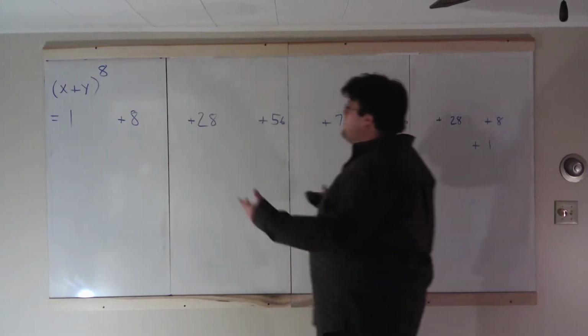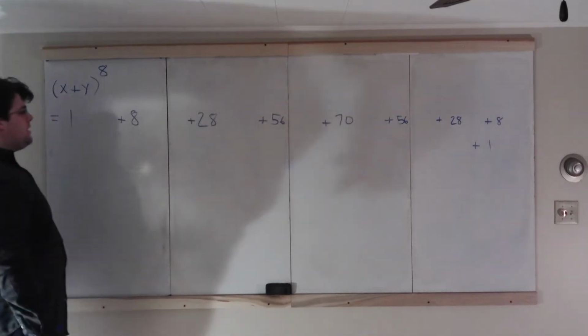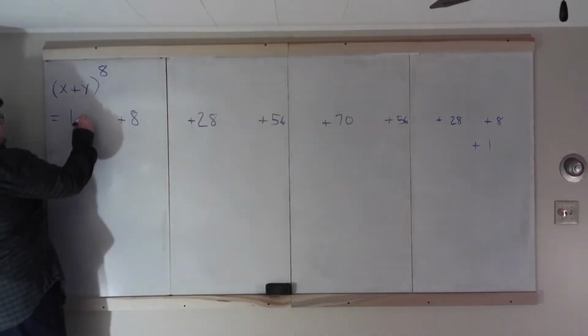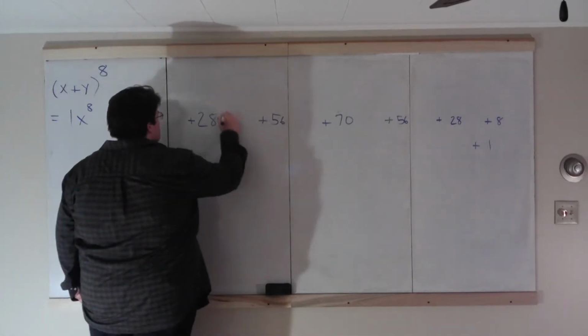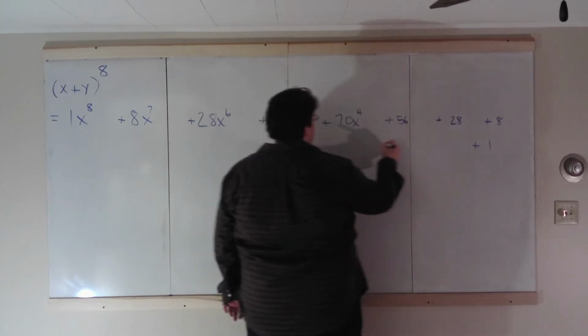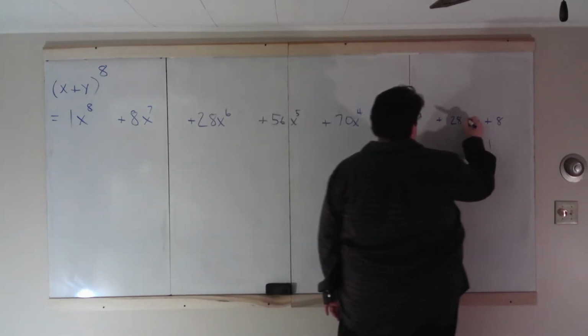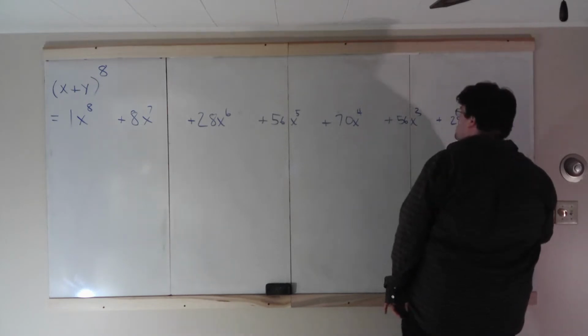Well, the exponent 8 tells us how many letters we need on each thing. So we're going to need 8 x's, 7 x's, 6 x's, 5 x's, 4 x's, 3 x's, 2 x's, 1 x, and 0 x's.